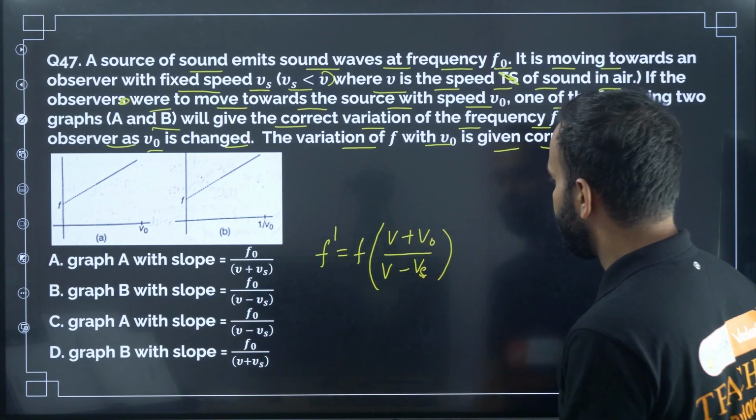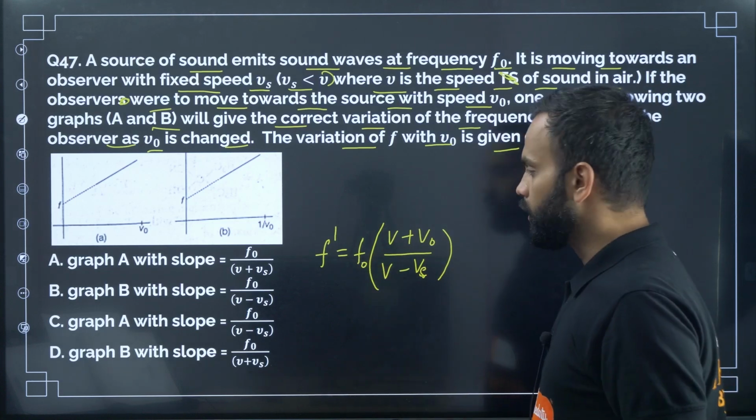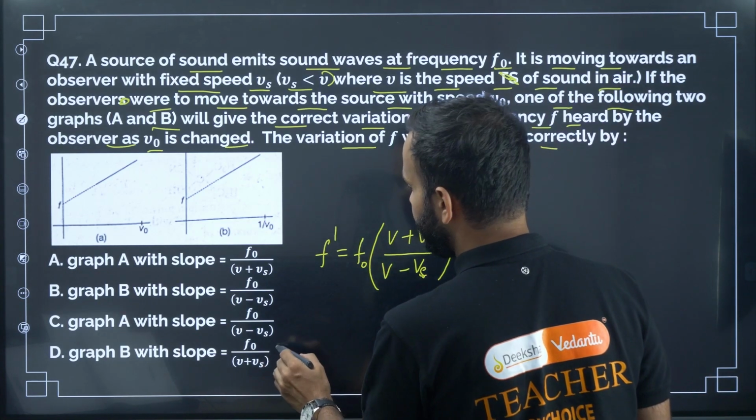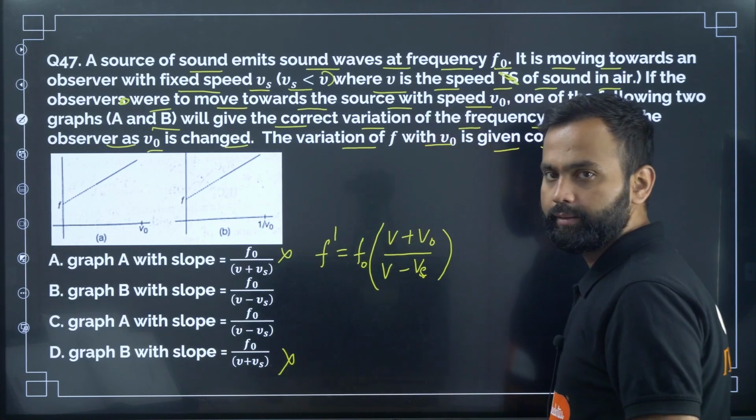Here f0 is the original frequency. So options D and A are eliminated.